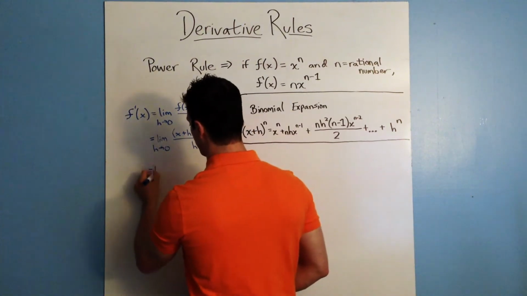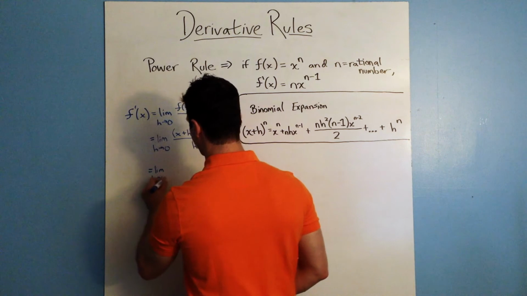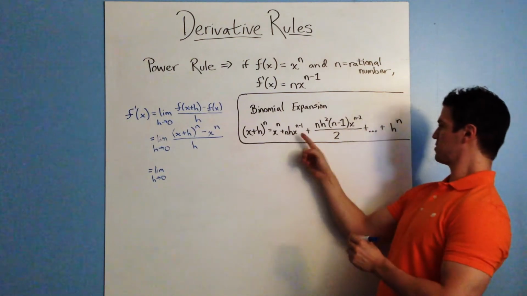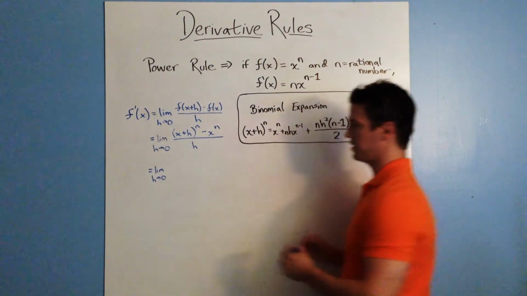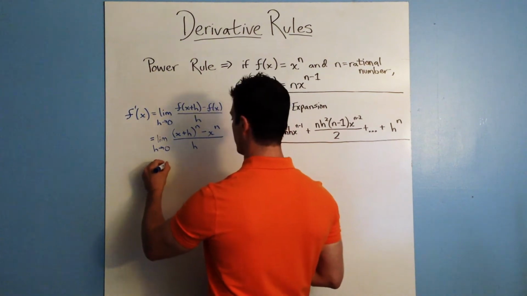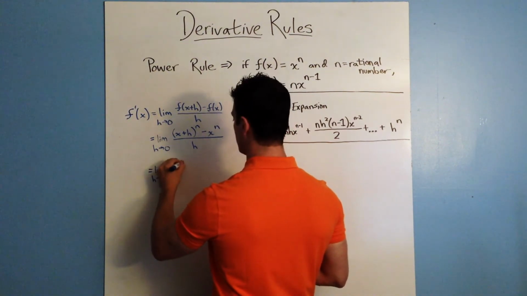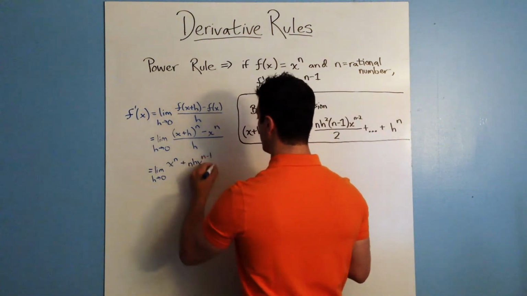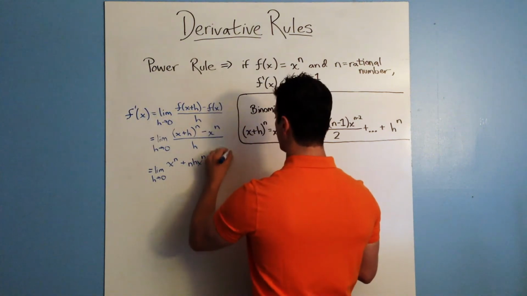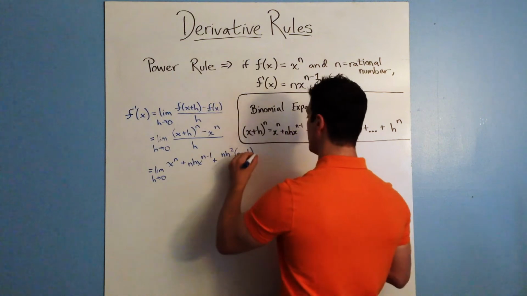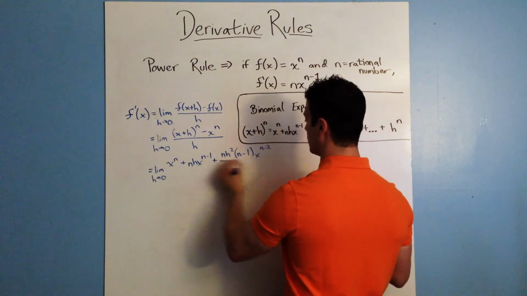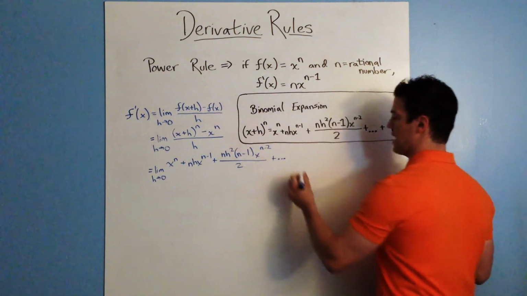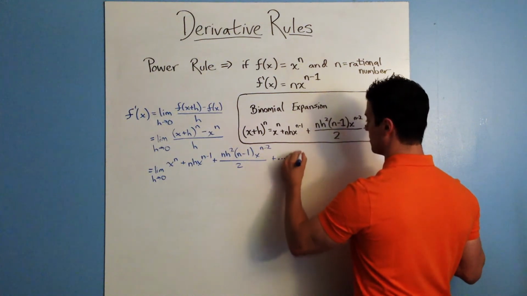You should be able to see now why we needed the binomial expansion right here, because we have x plus h to the n power. So I'm going to use the first couple terms in this expansion to solve this problem. So I end up having x to the n power plus nhx to the n minus 1 plus n times (n minus 1) h squared x to the n minus 2 all over 2 plus, I'm just going to put the dot dot dot there because you get the idea with the pattern, plus h to the n power.